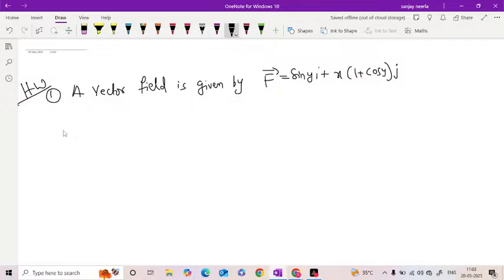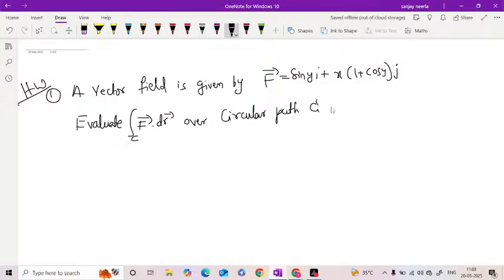The question is, evaluate the integral F dot dr, that means the line integral, over the circular path. The previous two problems, the path is the parabola, so here it is a circular path.